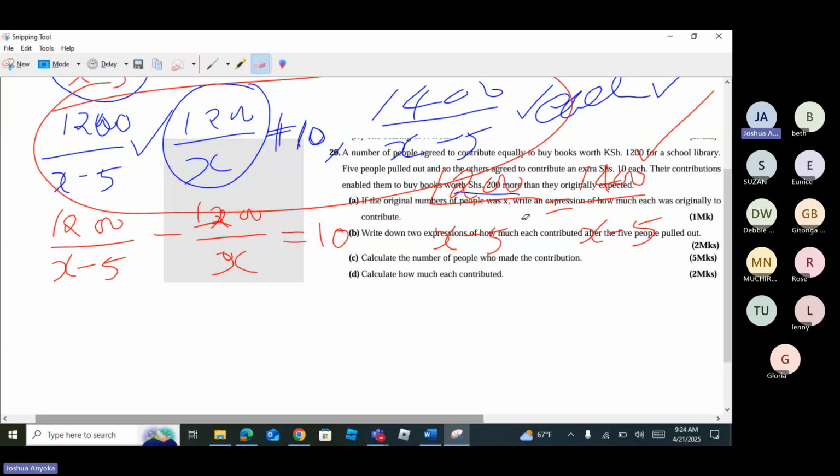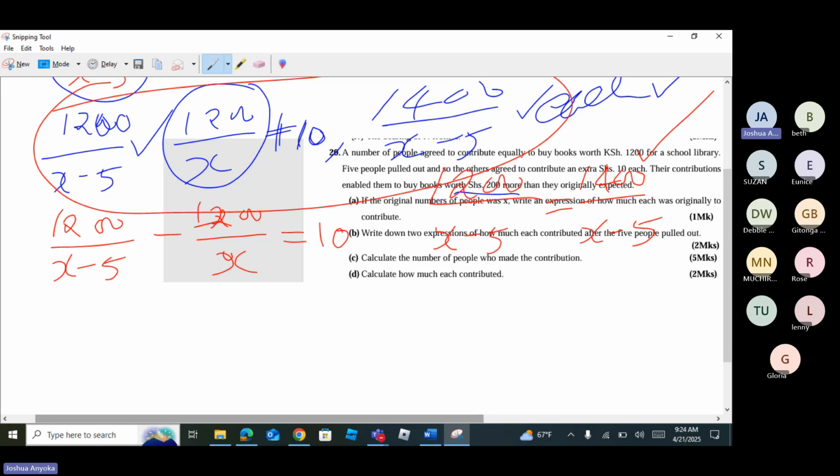I want us to share the ideas, and then later I want two people to form an equation, that is Getonga and Debbie.